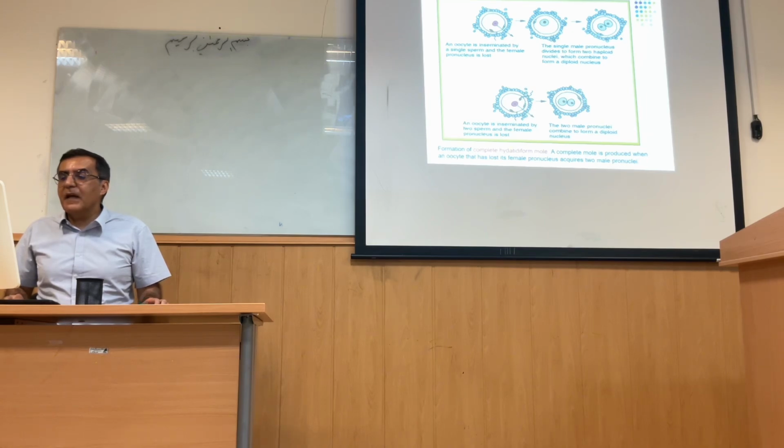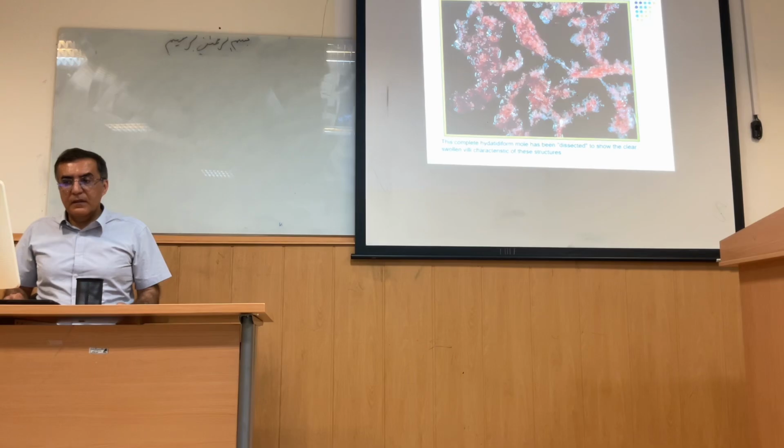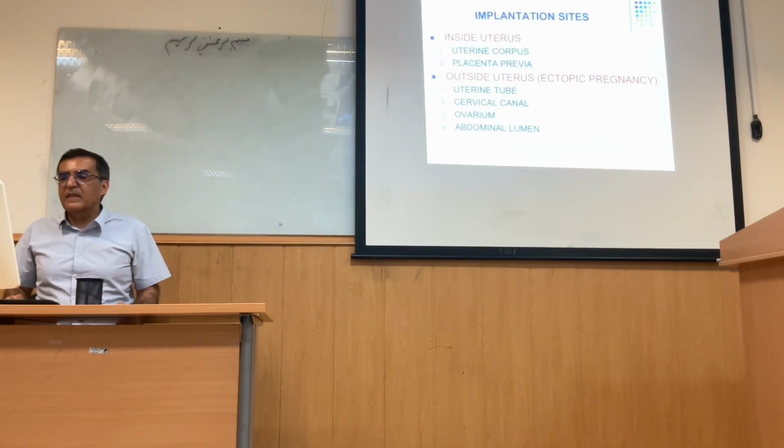And finally, we have one embryo that is diploid, but all of the genome belongs to the father. This is a hydatidiform mole again. It's not developed. It's like a tumor. Okay.